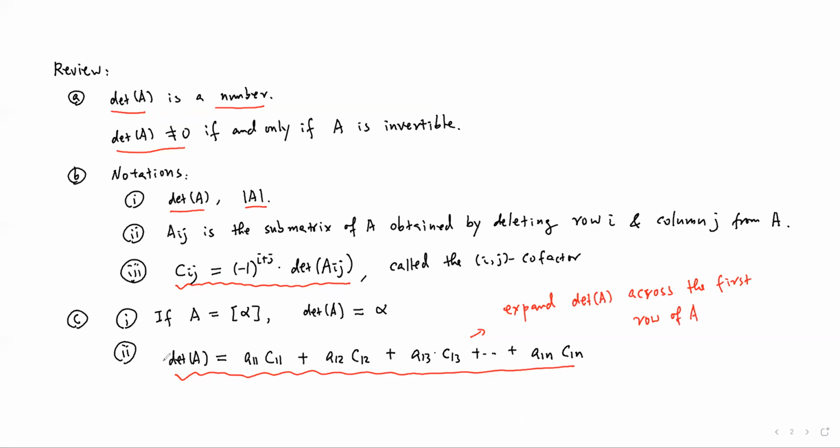It turns out that you can expand a determinant across any row or down any column. So more formulas here, other formulas.